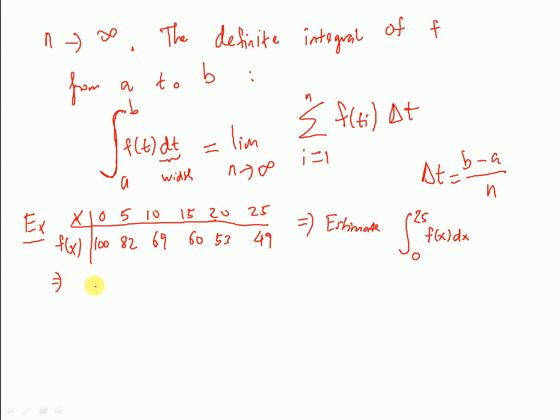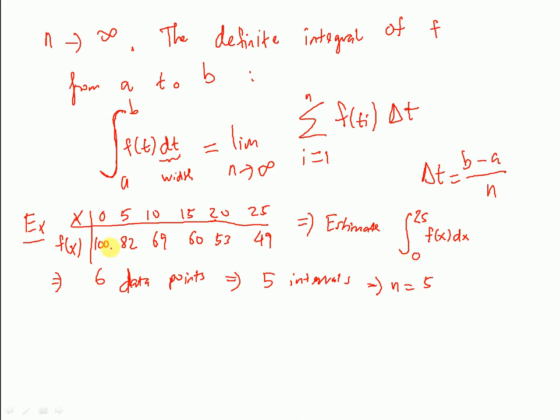So from this table we know that we have 6 data points, right? If you have 6 data points, you should have 5 intervals, or your n equals 5, or you have 5 rectangles. Again, count the number of the data points, subtract 1 from that, and you will get the number of rectangles you should have for your sum.